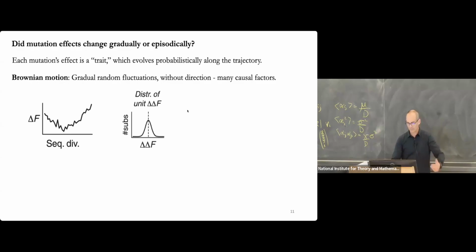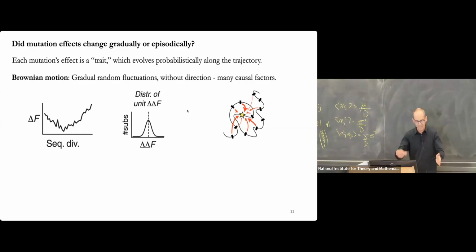So it would look like this, and that would arise if the changes in an interval are being chosen from a single distribution with constant variance. And that implies a model in which there are many causes with a range of strengths, which are being sampled at random across the trajectory.